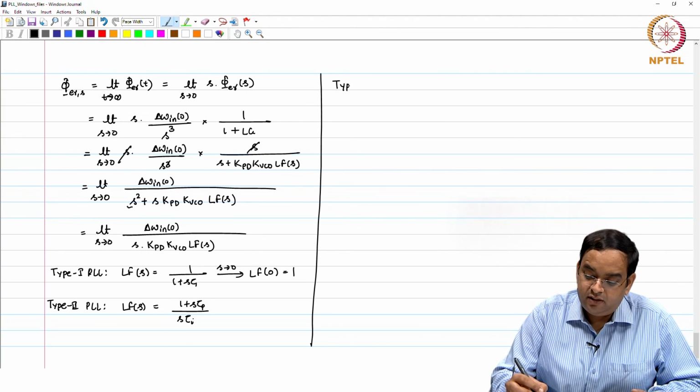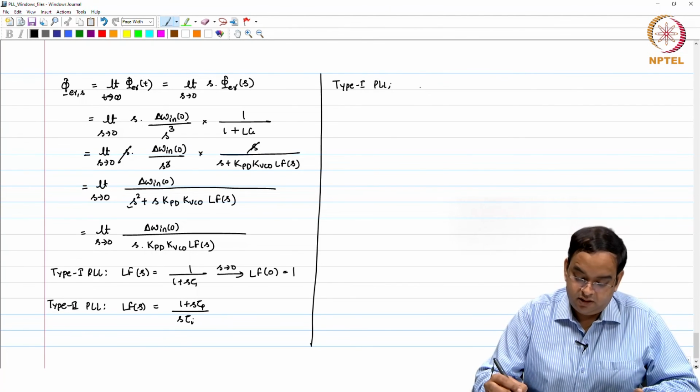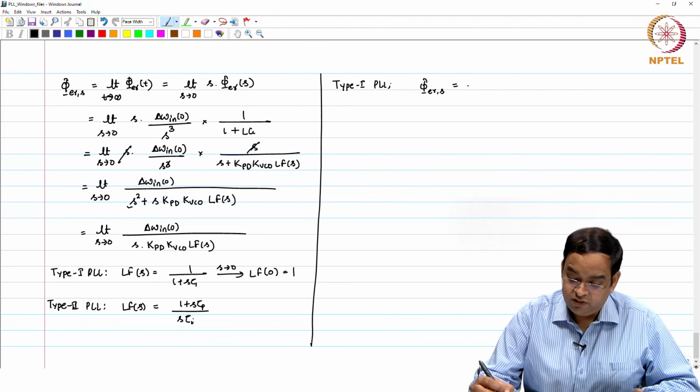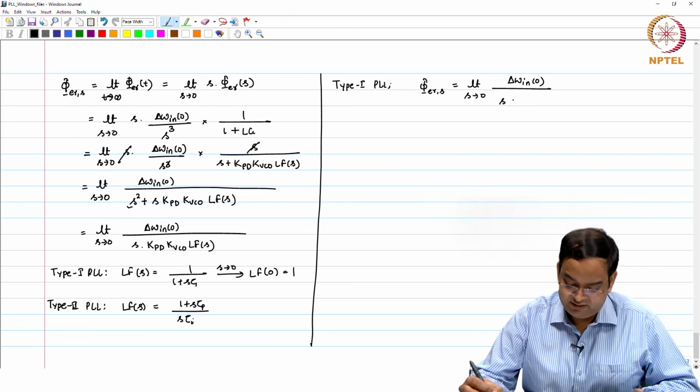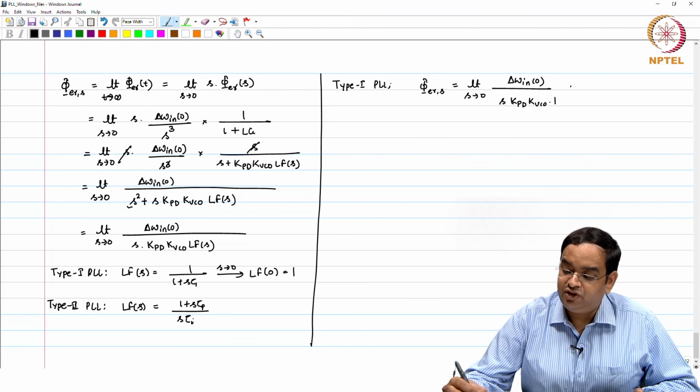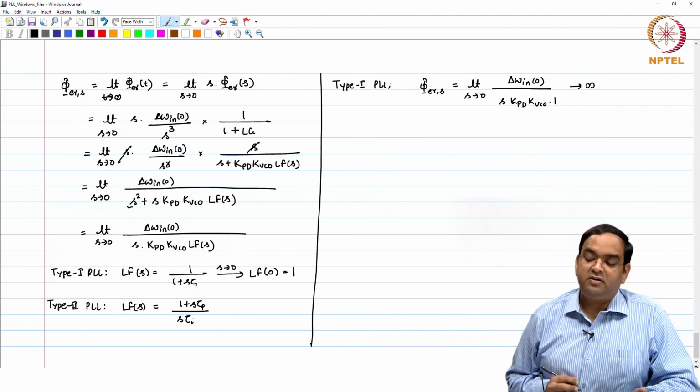For type 1 PLL, phi error of steady state is equal to the limit as S tends to 0 of S times delta omega in 0 divided by S into KPD KVCO. Loop filter of 0 is 1, and as S goes to 0, this goes to infinity.